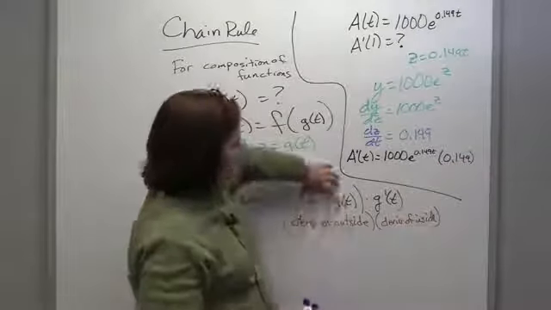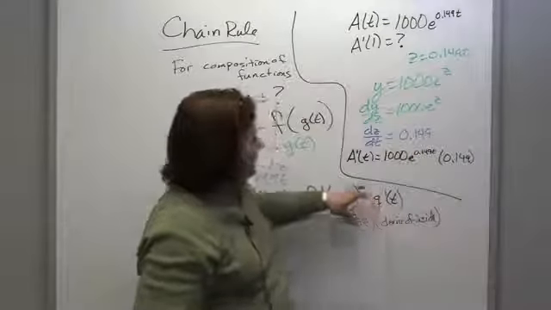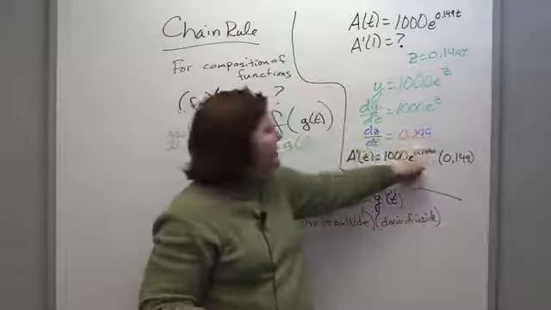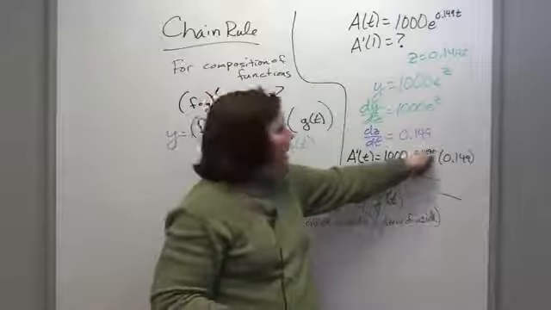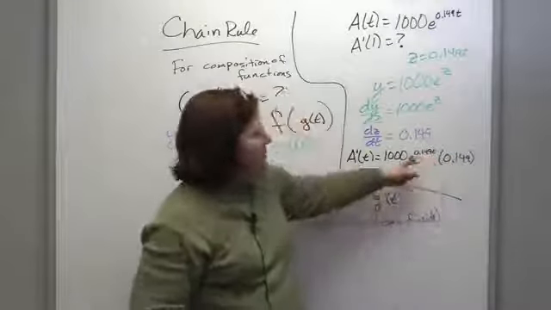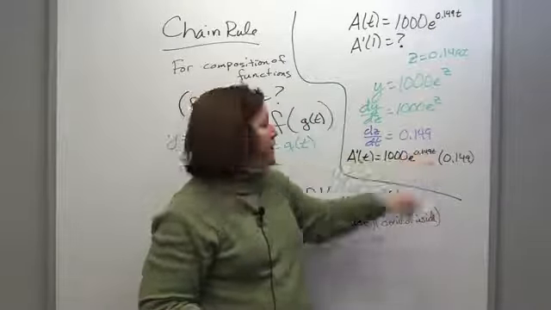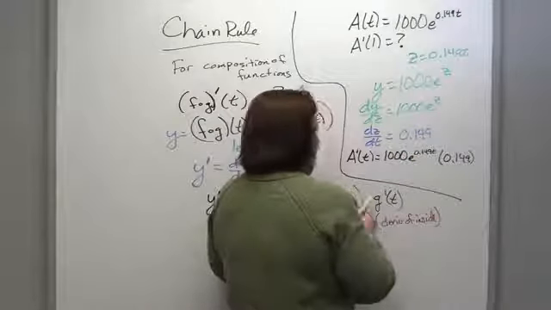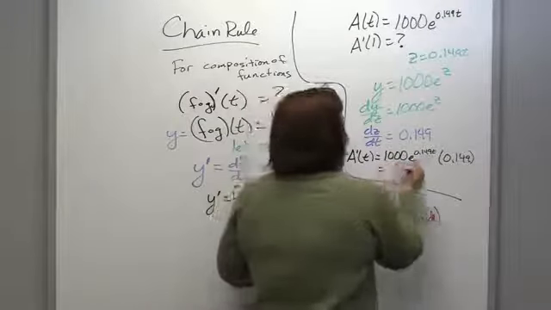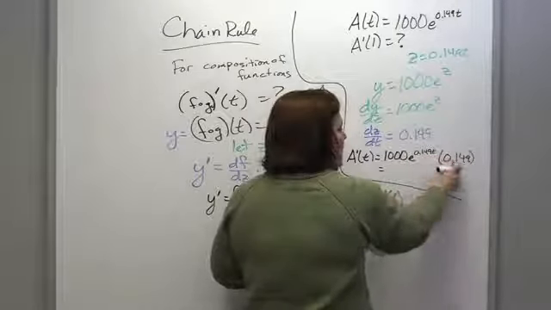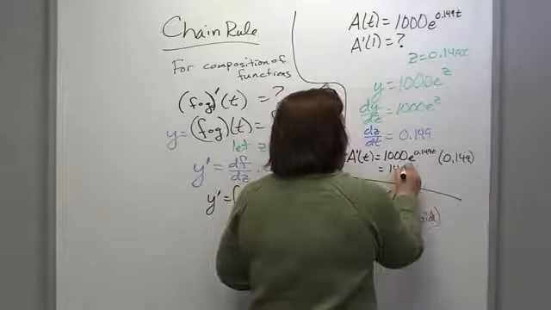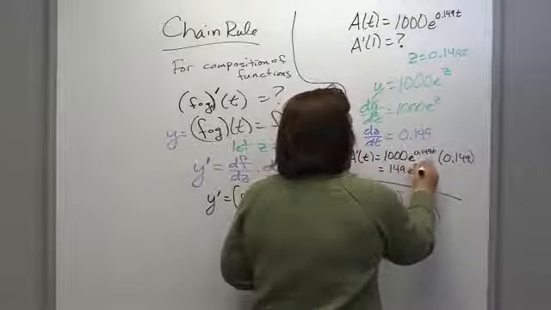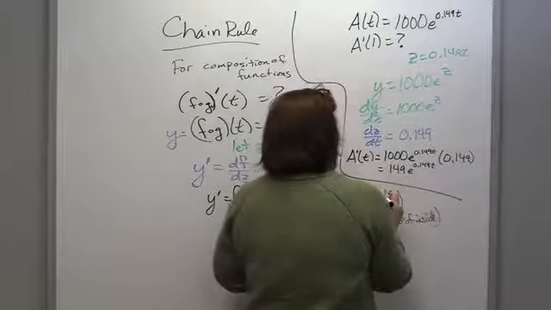This right here is the derivative of the outside. The derivative of the exponential is just itself again. And this is the derivative of the inside. And so we can simplify this to be, when we multiply 1,000 by 0.149, we get 149 e to the 0.149 t.